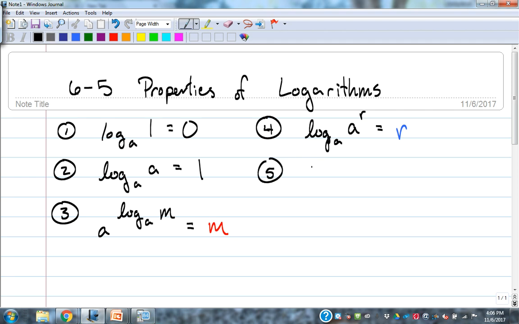Fifth one is the product rule. This one doesn't matter what base we're using, log base A on all these. It doesn't matter what base it is. It could be base 2, base 5. It doesn't matter. The property still works the same way. The product property says you're taking two things and multiplying them together inside of a log.